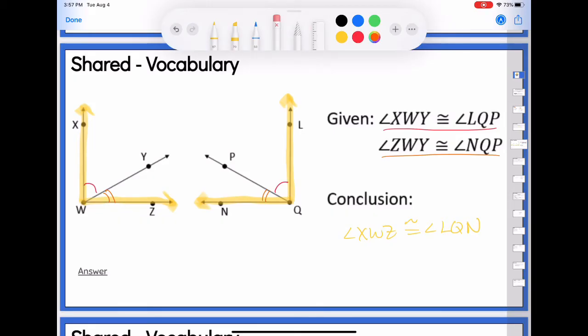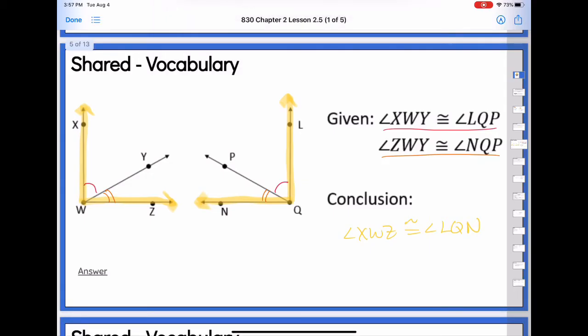Now the question is, is that exactly the same as the addition properties we just learned? If the same angle is added to two congruent angles? Hopefully this is ringing a bell from your supplementary and complementary theorems. This is almost the same, but not quite. It's a little bit different.